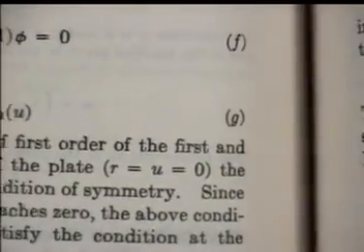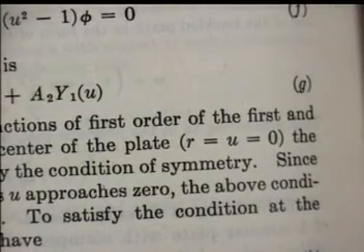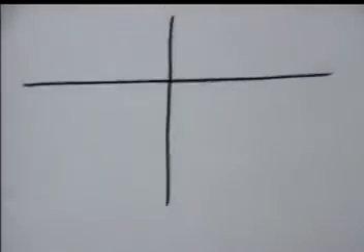Now, at r equals 0, the angle must be 0 in order to satisfy the condition of symmetry. If the derivative is not 0 there, look please, we said that it is a symmetric behavior. Symmetric behavior means that with respect to this line, there is no preference to the left or to the right.